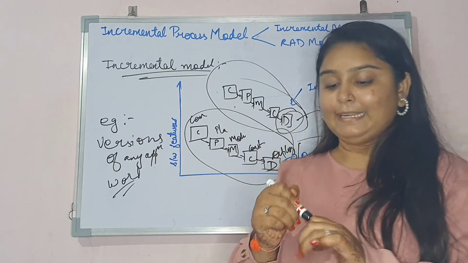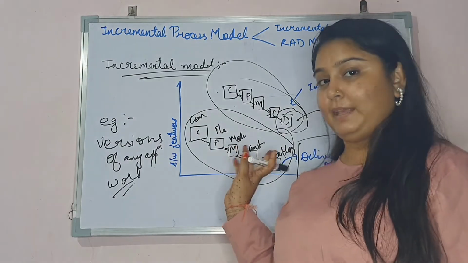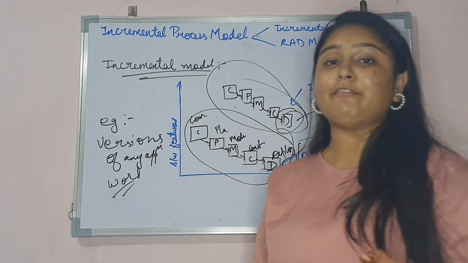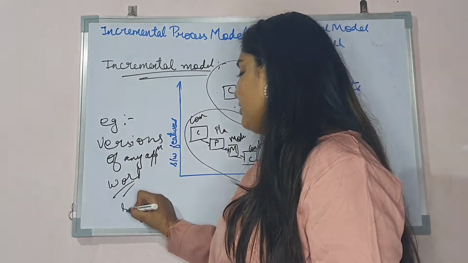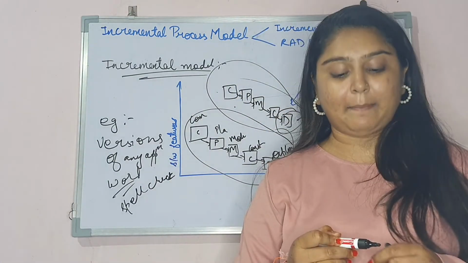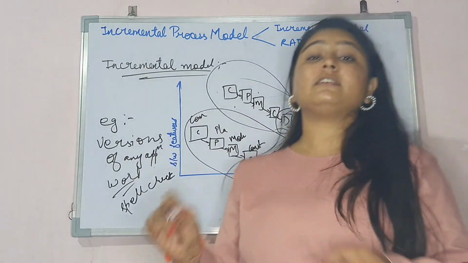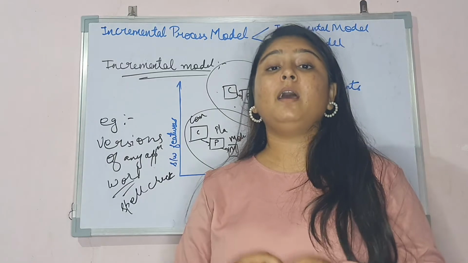I tell my developer to develop that. In the first increment, it gives me the application. In the next increment, after some time, I want spell check to be inserted in my application. So in the next increment, I can get that. This is how our incremental model works.